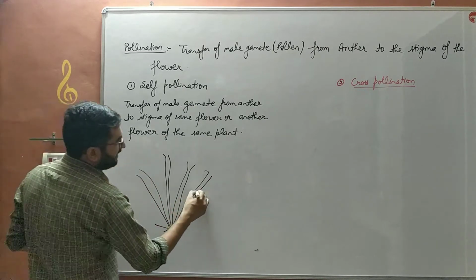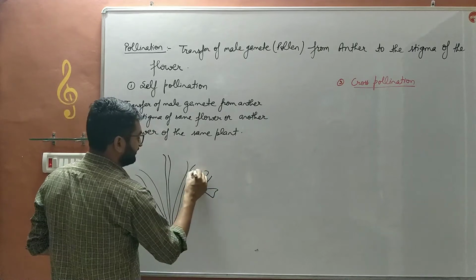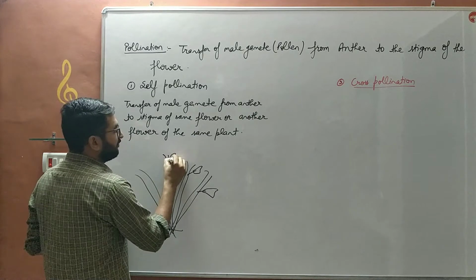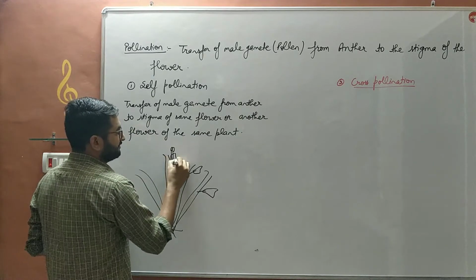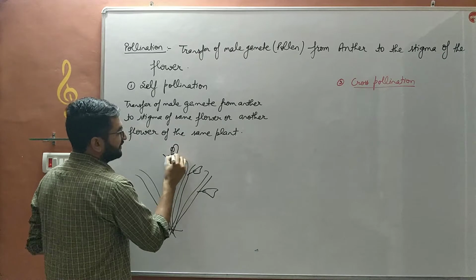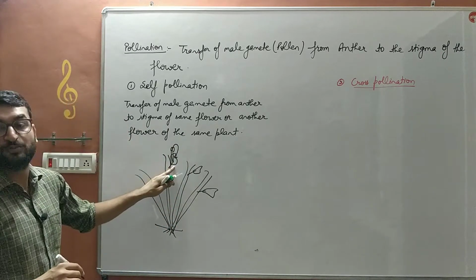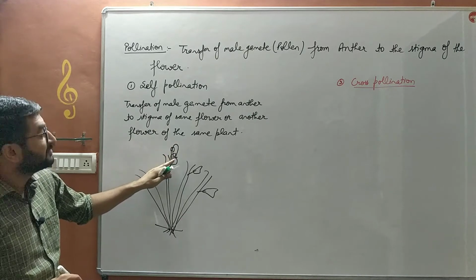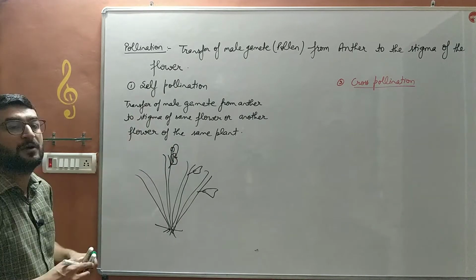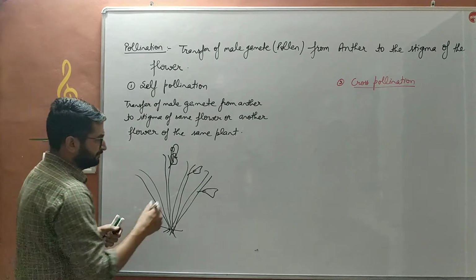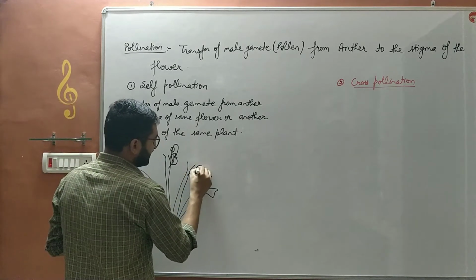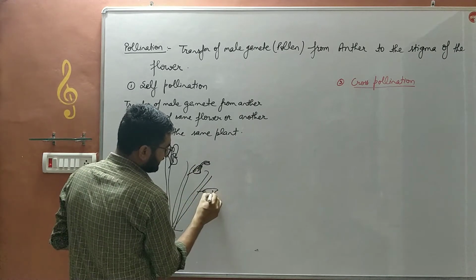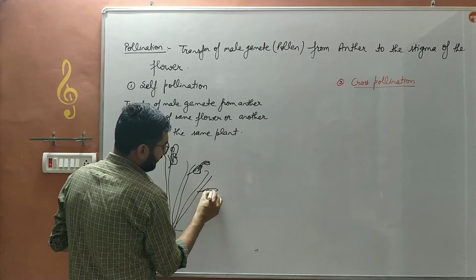It's a flowering plant and it has this flower over it. Either the transfer of pollen grain from this part to the stigma of the same flower. ये एक फ्लावर है मान लो बच्चे. स्टिग्मा बच्चे इस pollen grain इस एंथर से इसी के स्टिग्मा पर गिर जाएगा, that is known as self-pollination. या फिर let us suppose this flower has this anther and this flower has this female reproductive organ.